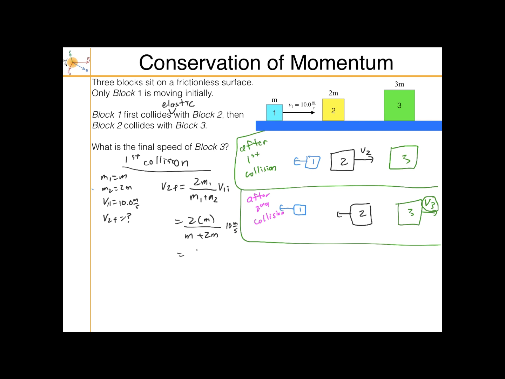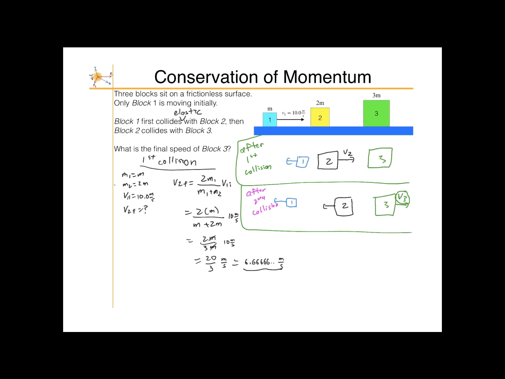This ends up being 2m over 3m times 10 meters per second. Notice that the m's go away, and we end up with 20/3 meters per second, which is about 6.6666, going on forever, meters per second. Okay, so that is the block 2 speed, and we're going to use that for the second collision.